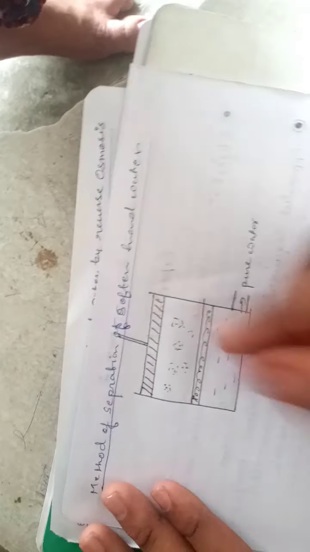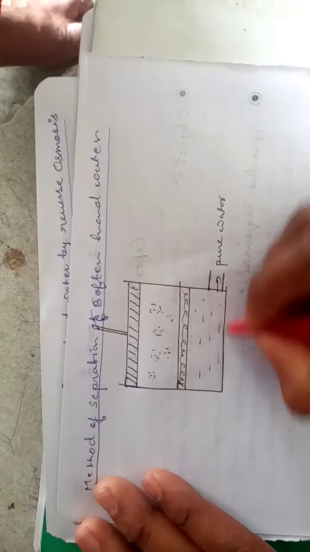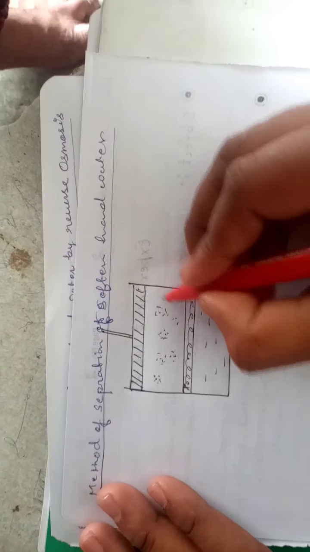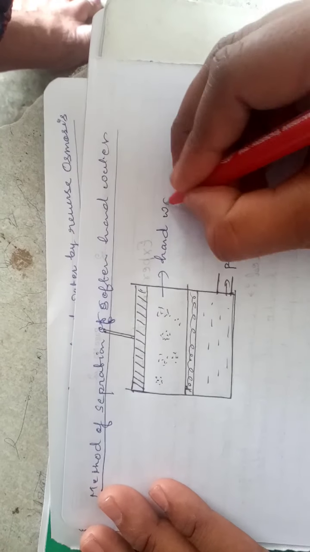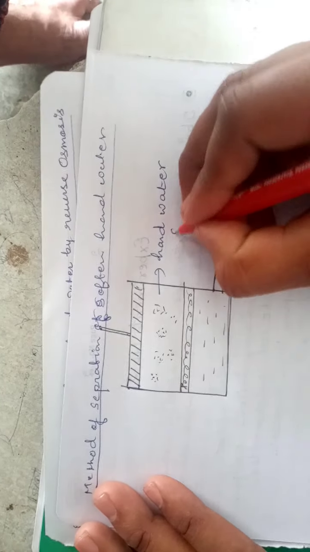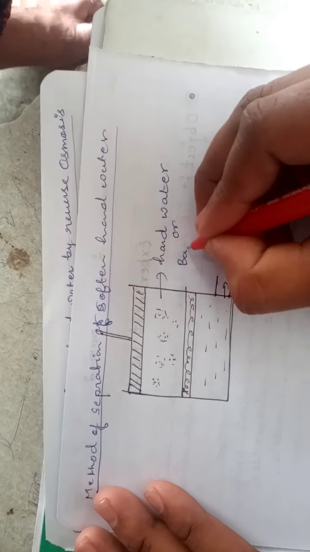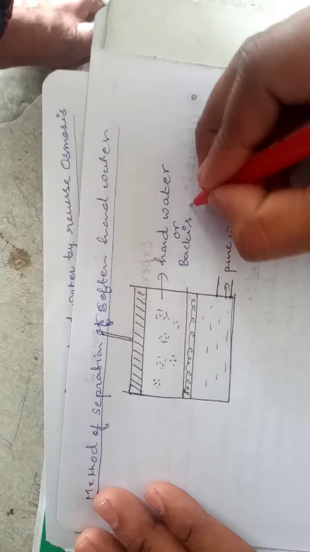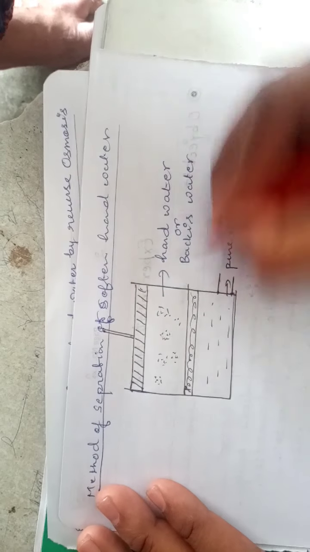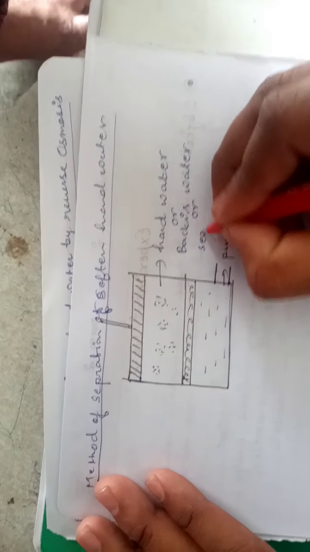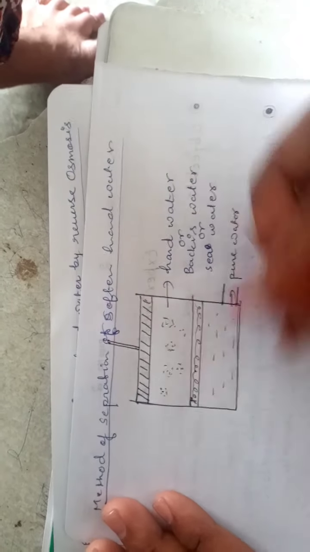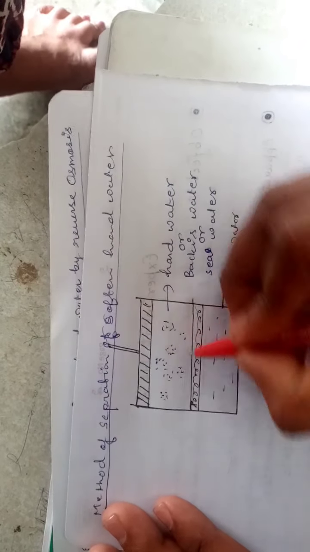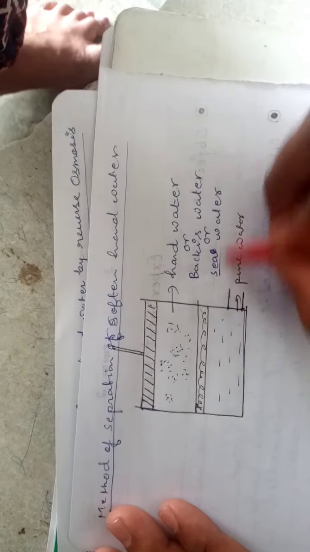Here it is a tank. If we consider hard water or brackish water or seawater, the meaning of all is the same.